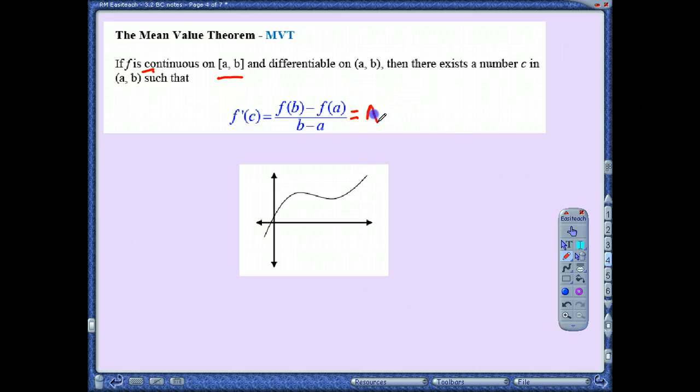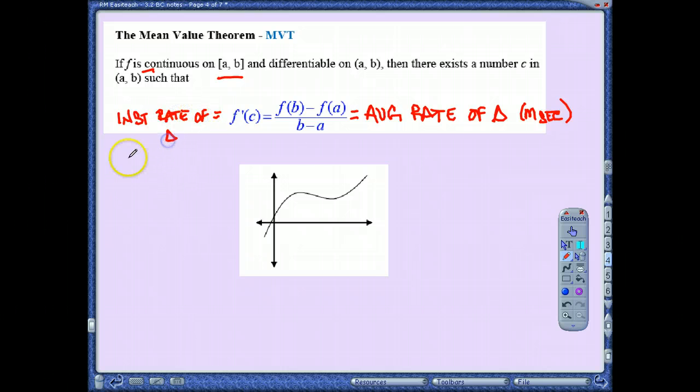That is your average rate of change, or more affectionately known as the slope of the secant line. Well, the derivative, that's your instantaneous rate of change, more affectionately known as your slope of the tangent line.